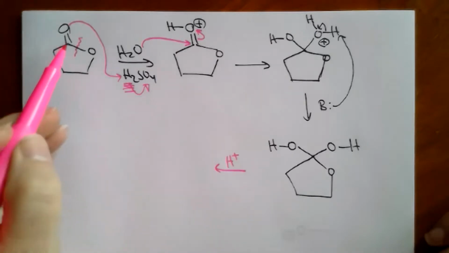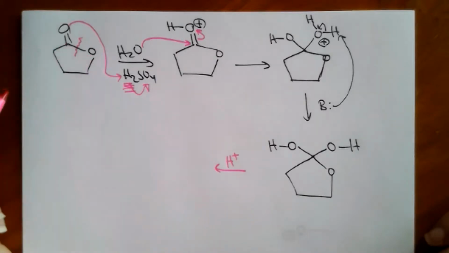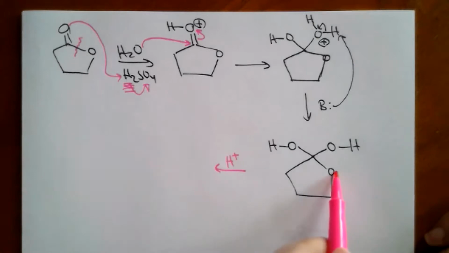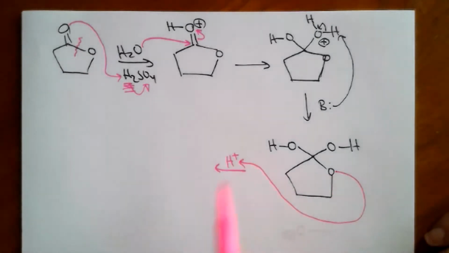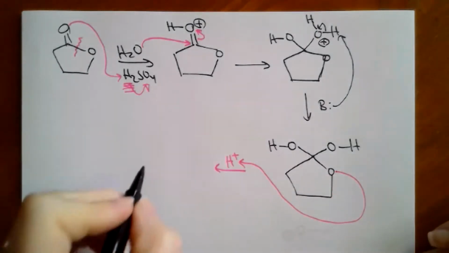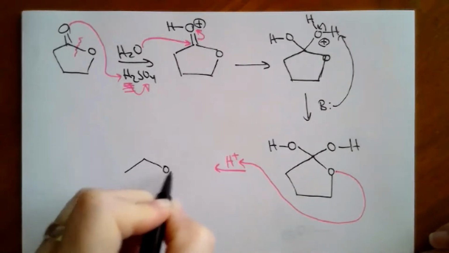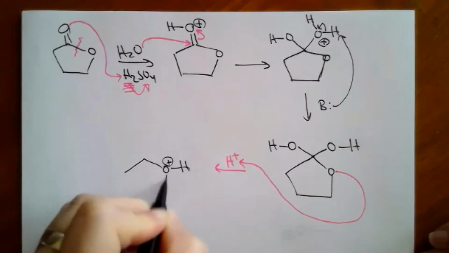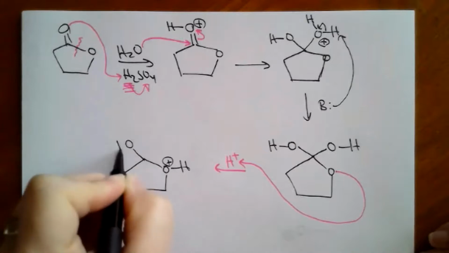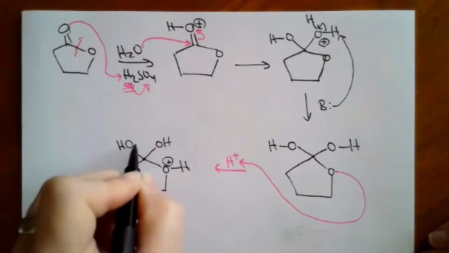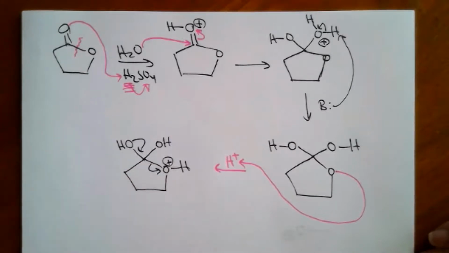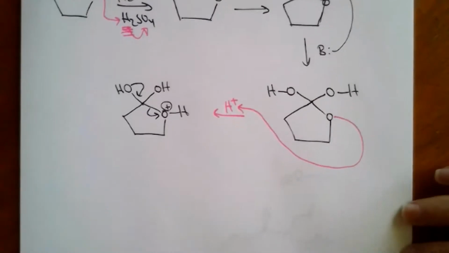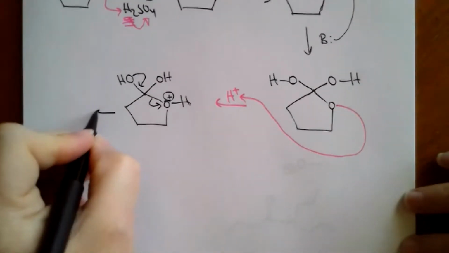Hydrolysis of an ester is between the carbonyl and the singly bonded oxygen. So I'm going to turn that singly bonded oxygen into a better leaving group so that it can go away. Like that. Fold it down, kick it out.